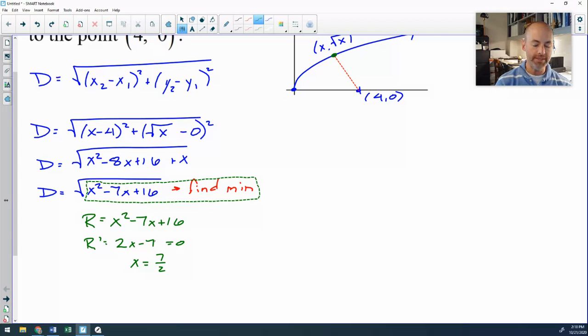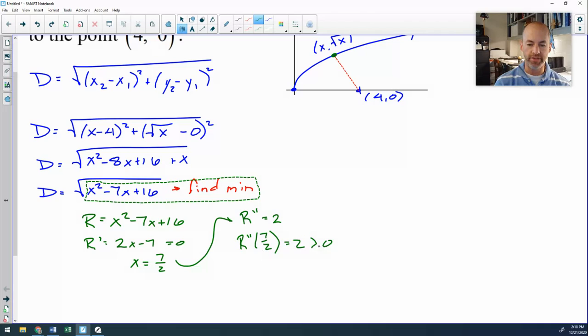Now, I do need to confirm that that actually is a minimum because critical numbers could be a max. And to confirm that's a minimum, I'm going to use the second derivative test. And so I'm going to find r double prime, which is just going to be 2. And so that means that r double prime of my critical number will also be 2, and that is a positive number.